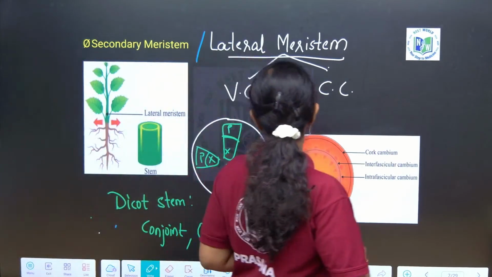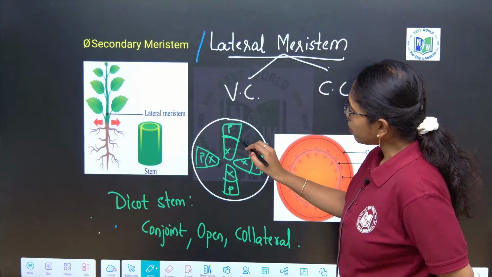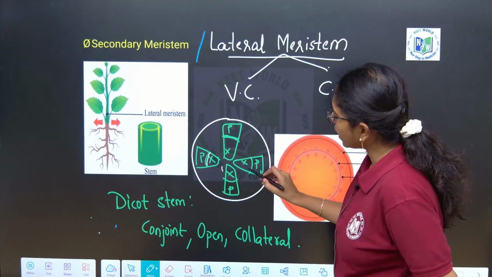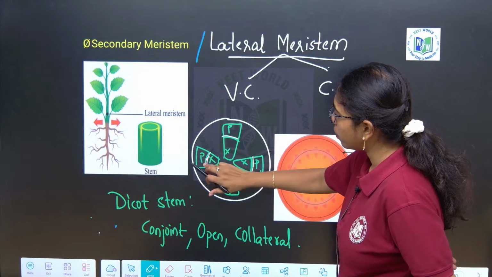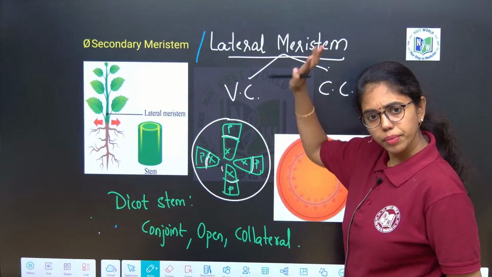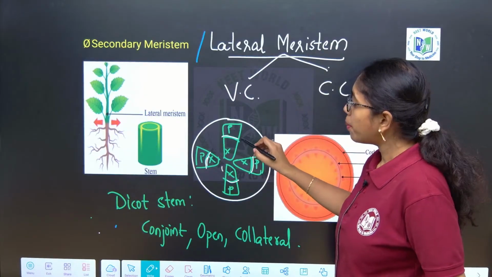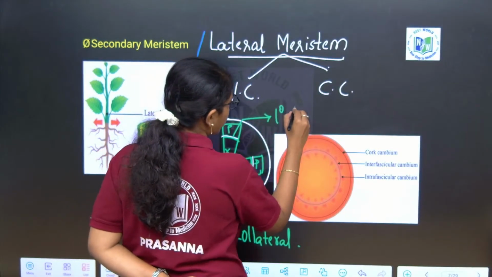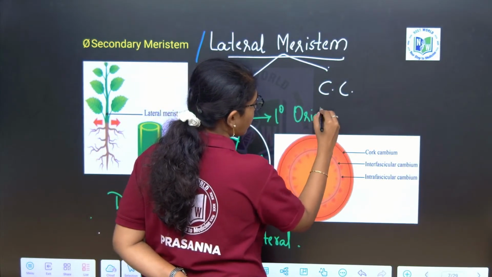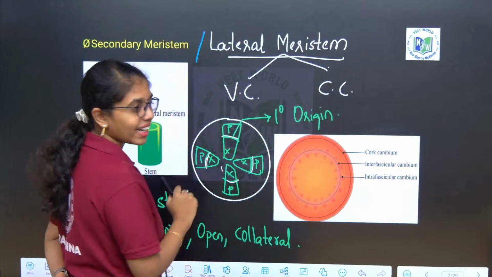Here you see the cambium is present from the beginning only, that is why you call it open type, right? Cambium is present in between xylem and phloem from the beginning itself. So, this is primary in origin. When it is primary in origin, you cannot call it a secondary meristem, right?